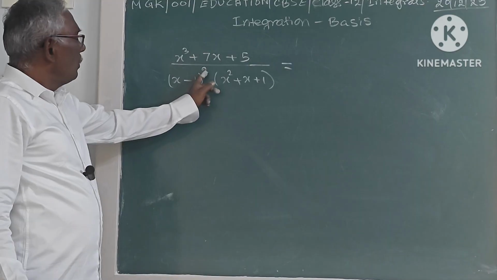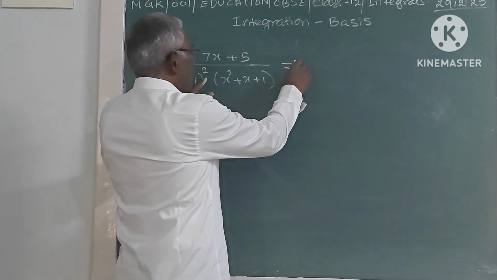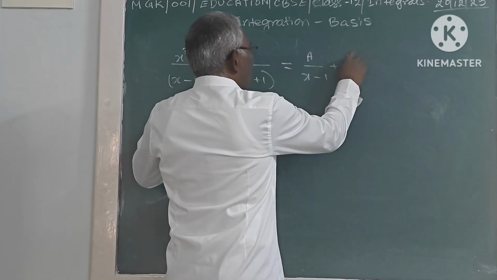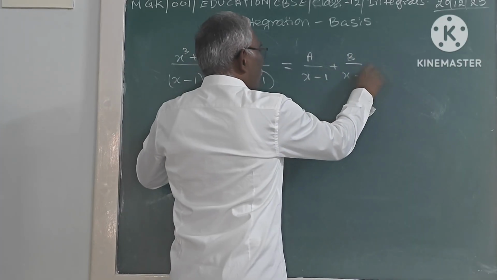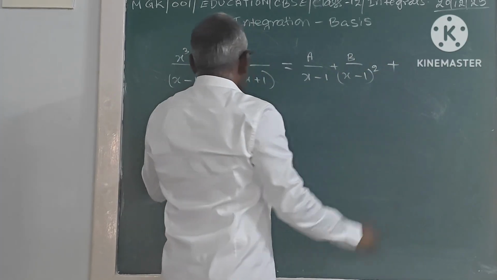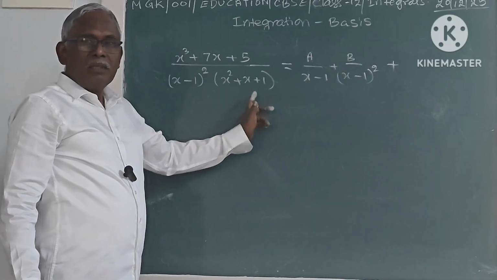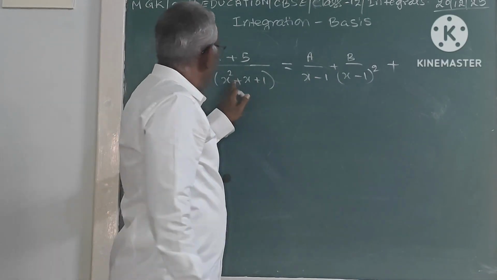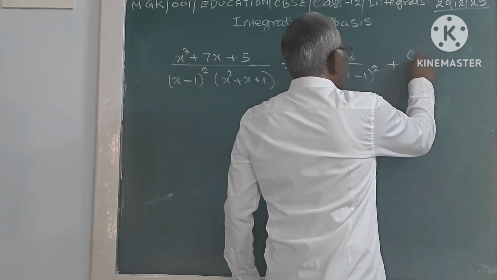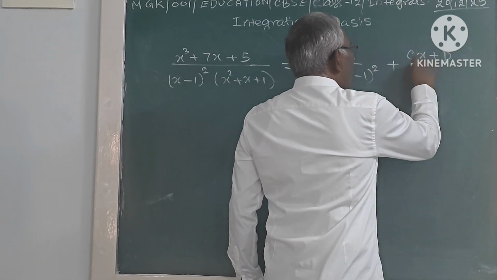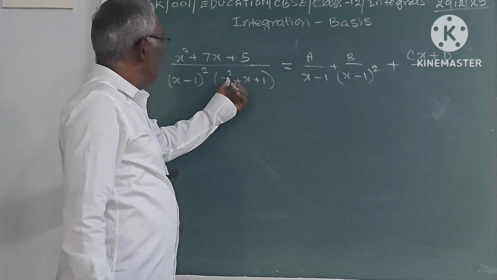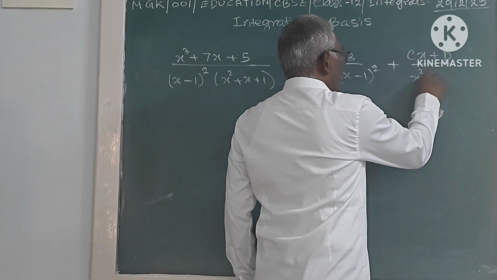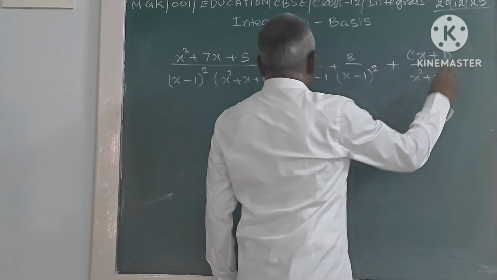So x minus 1 whole square is there, so for that we can write A by x minus 1 plus B by x minus 1 whole square. Plus, when this is not possible to factorize and degree is 2, we write Cx plus D, one degree less, by x square plus x plus 1.